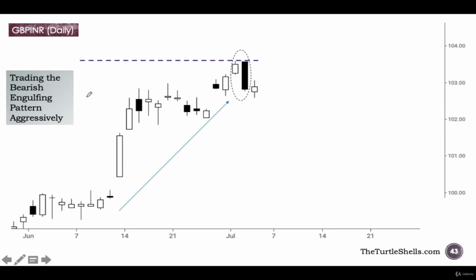As professional traders, we need to understand how to draw our support and resistance line, which we discussed before. So this is a daily chart of GBP INR, the British Pound INR. This is a currency chart. In this course we have looked at charts of stocks, and we have looked at commodities.